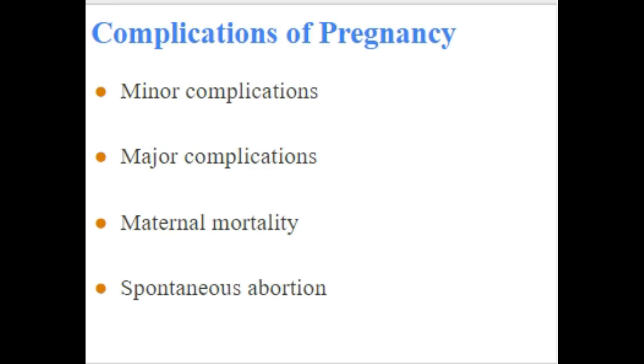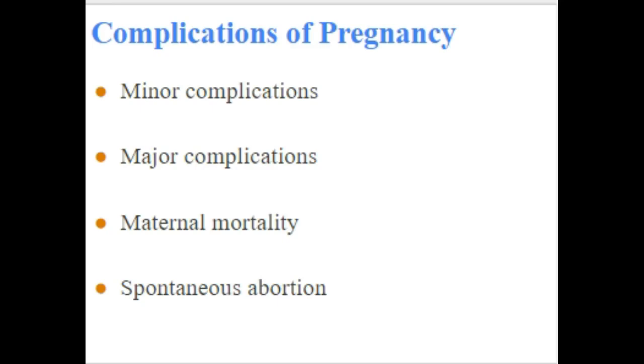This can be very dangerous for the mother. Also, toxemia and preeclampsia, which is marked by high blood pressure, can become a major complication that could pose a very high risk for the mother and the baby as well. It could lead to maternal mortality.